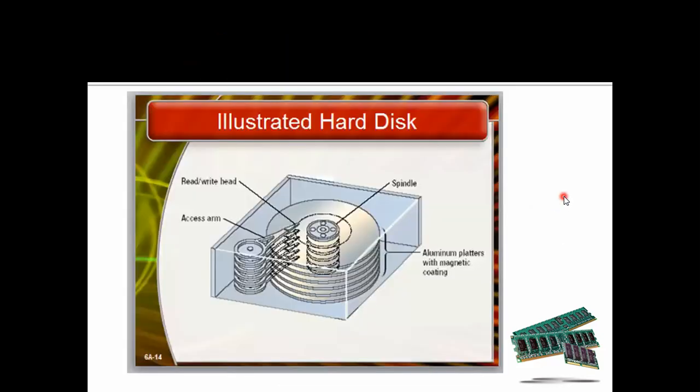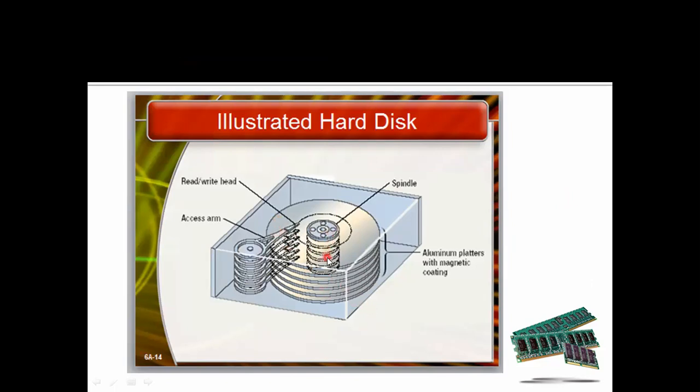If you open the cabinet of the computer, the hard disk will be found inside the cabinet. The hard disk is like a rectangular box, but inside that rectangular box the total structure is there.